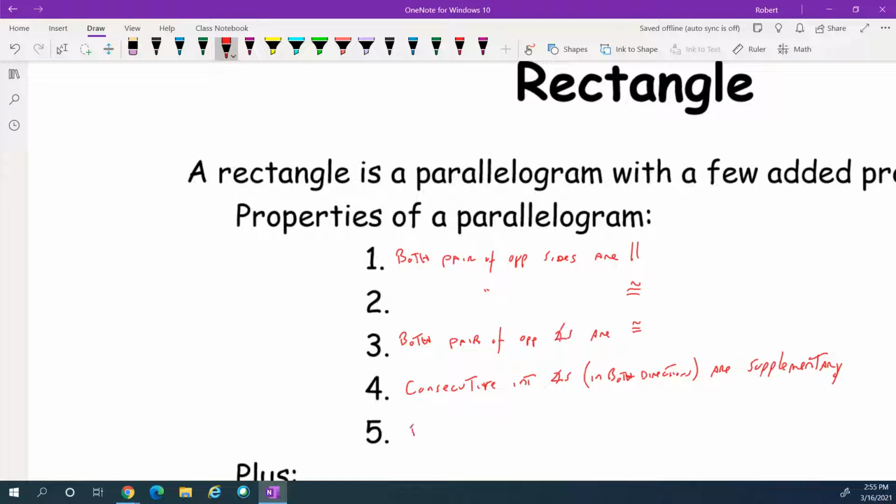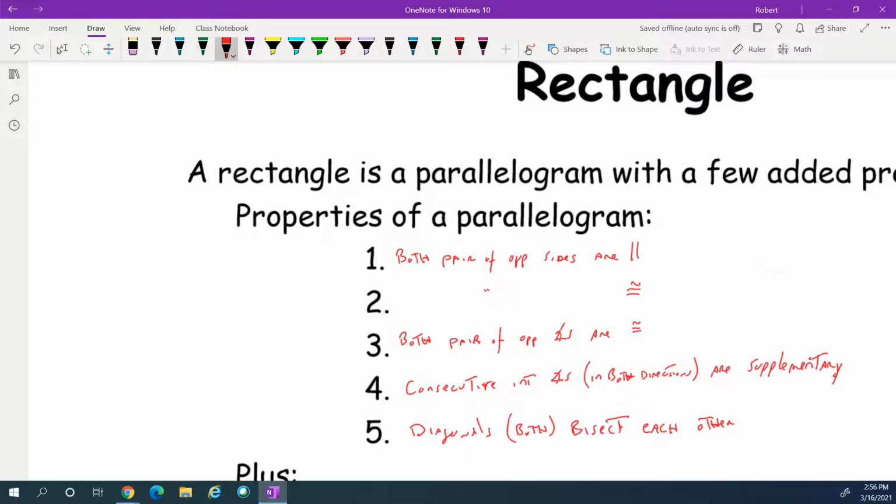And then we've got the diagonals, both of them bisect each other. So you can see the word both is a theme in these parallelograms. Everything comes in pairs.